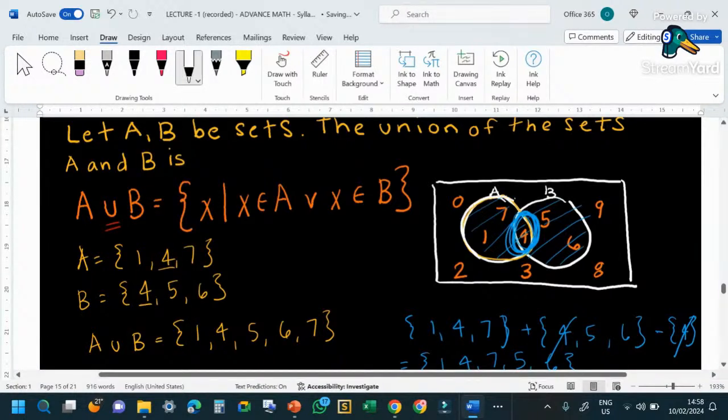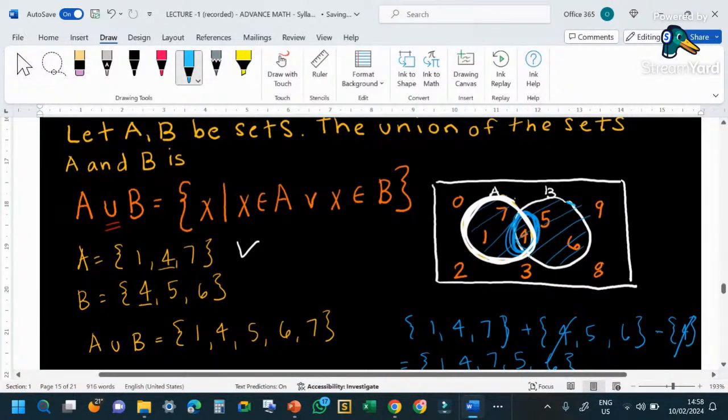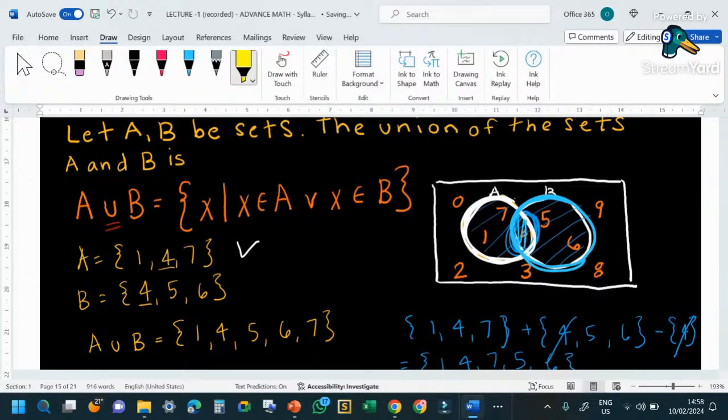So we have here an illustration. Set A here has got 1, 4, and 7. And set B has got 4, 5, and 6. There is an overlap as you notice here. And the overlap contains 4.